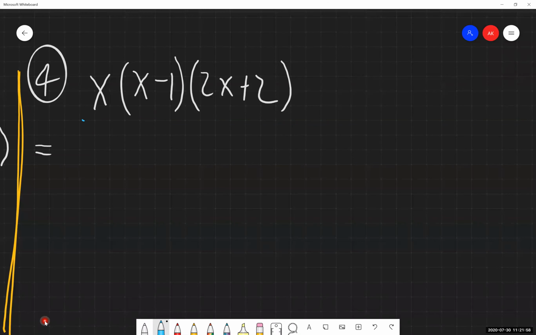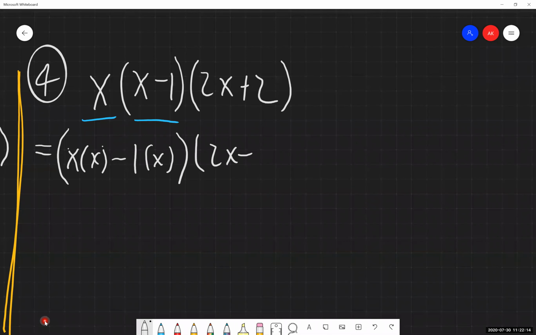So for these ones, just x and x minus 1. Again, I'm distributing x through to both terms in the parentheses. So it's going to give me x times x minus 1 times x. This 2x plus 2 at the very end, it's just along for the ride. You still have to list it, but we're not doing anything with it right now.